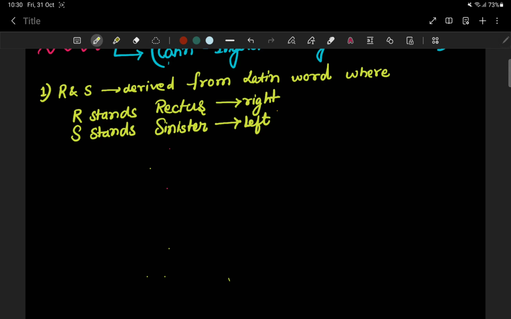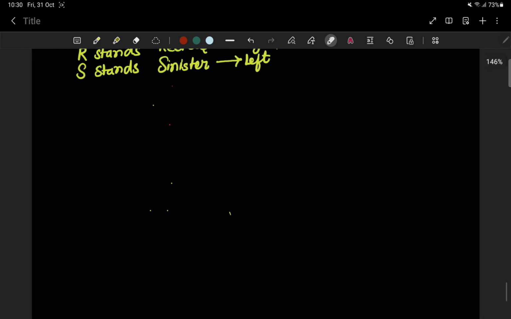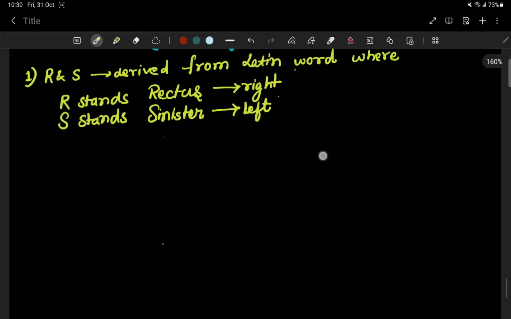In optical activity, we have studied dextro and levo, and here in RS nomenclature, we are learning about R and S. R stands for rectus, and S stands for sinister. Fine. So moving to the next part. For your convention, I am writing here R is clockwise rotation, and S is anti-clockwise rotation.